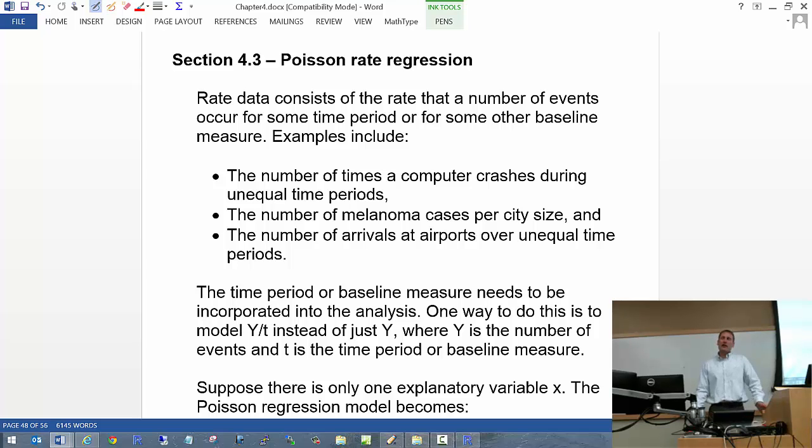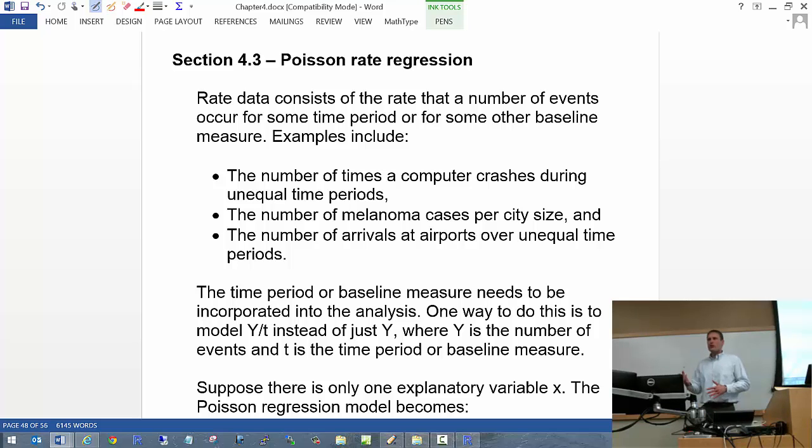Now think of that now in a Poisson setting. That count is probably going to be affected by, essentially, the exposure time, how long you were sitting outside watching the planes land. You need to take that into account then in your Poisson regression model.